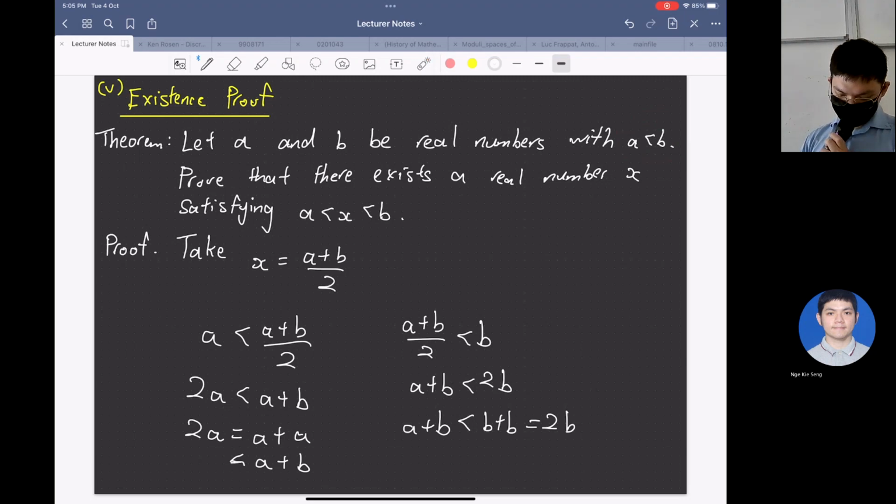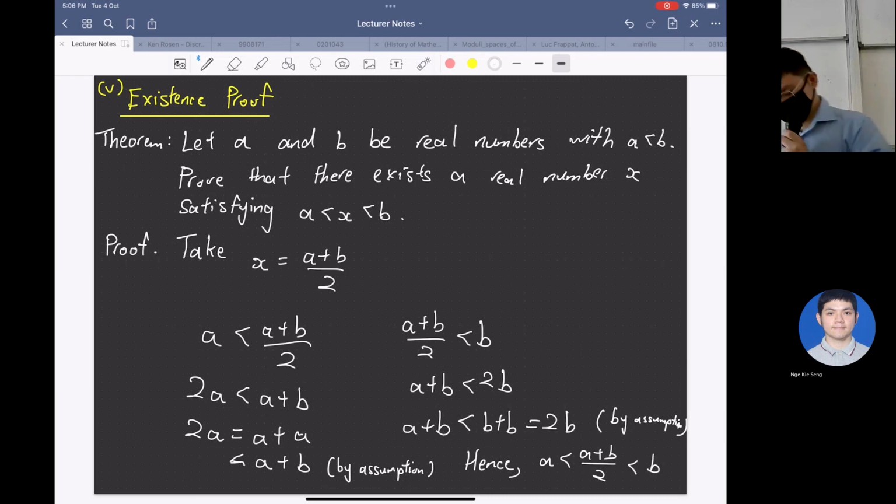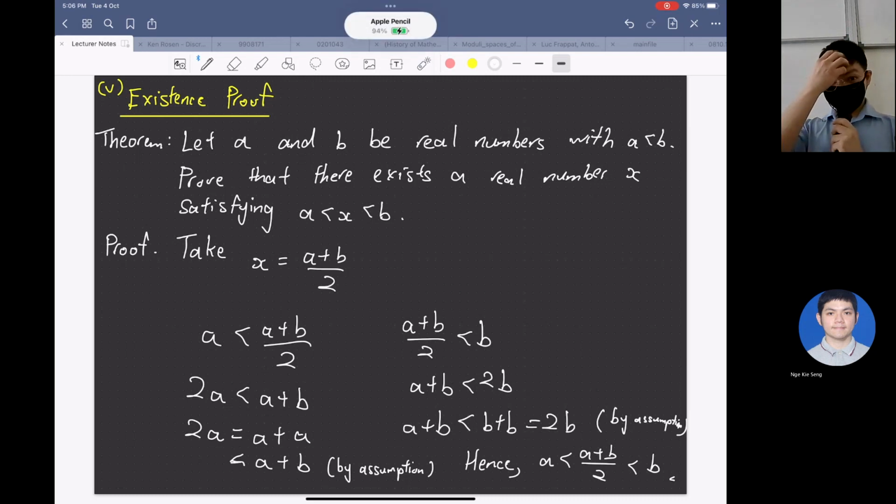So by assumption, hence A is less than (A plus B) over 2, which is less than B. Any questions? Please ask if you have any questions. So this is another kind of proof, the fifth type of proof.